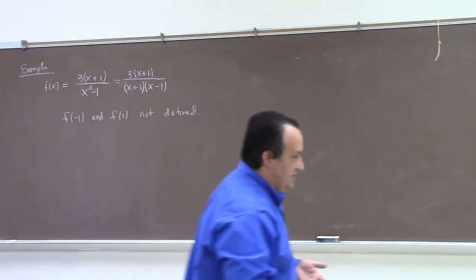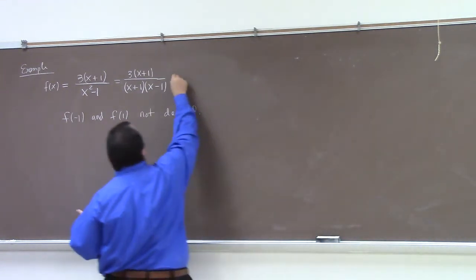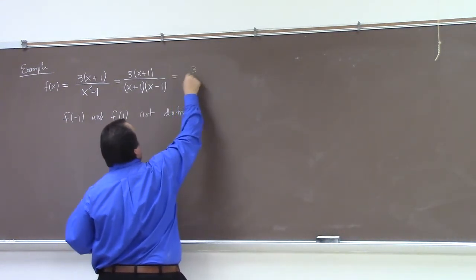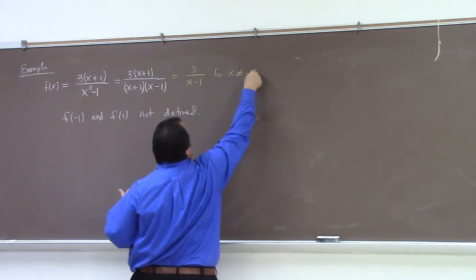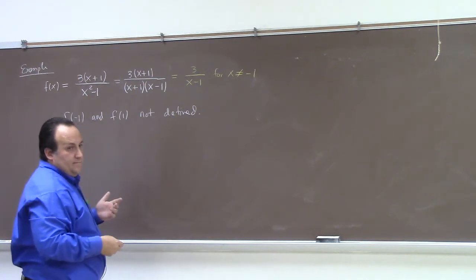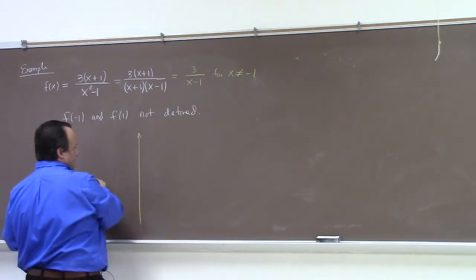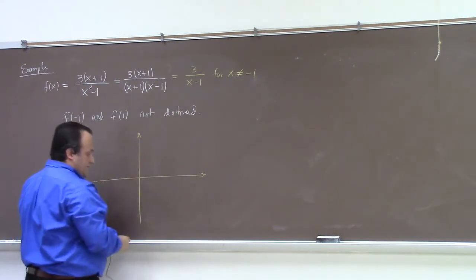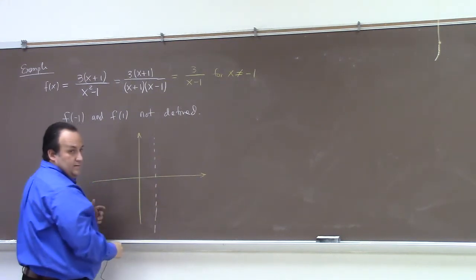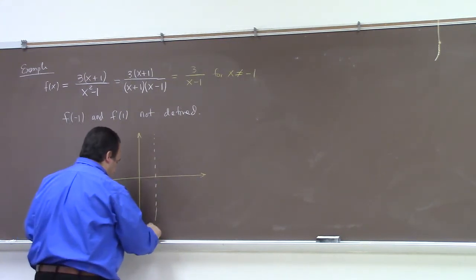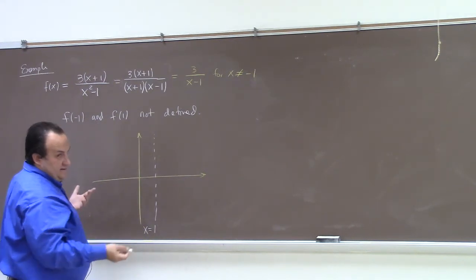We could say that it's equal to 3 over x minus 1 for x not equal to minus 1. So we have a vertical asymptote at 1. x equals 1 is a vertical asymptote for this, and it has a hole in the graph at minus 1.